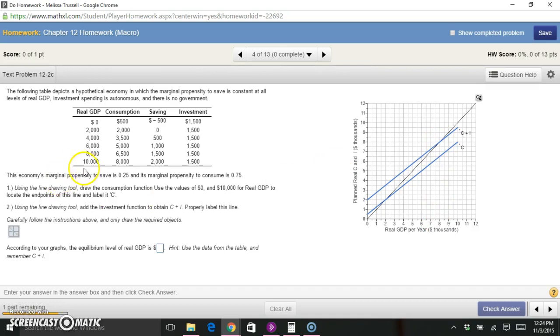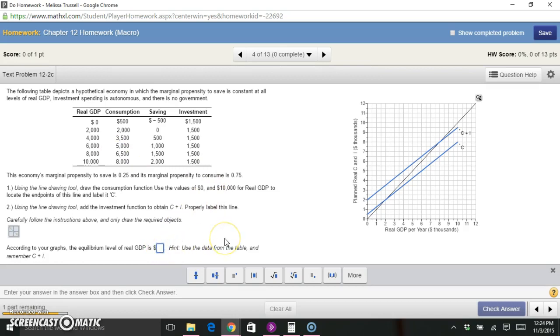I can check that by looking at the table and making sure that at 8,000 I've got C plus I also equal to 8,000. I've got 6,500 plus 1,500, and yes, that does equal 8,000. So at a real GDP of 8,000, my consumption plus investment equals my GDP, which is where we consider our GDP equilibrium.